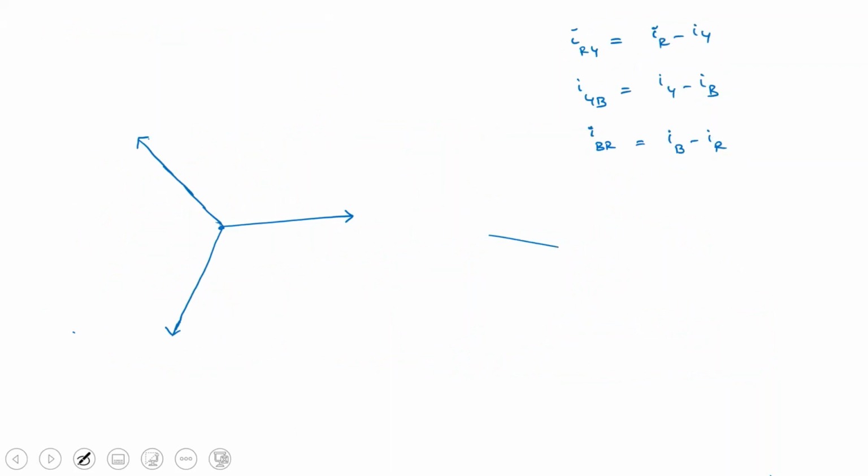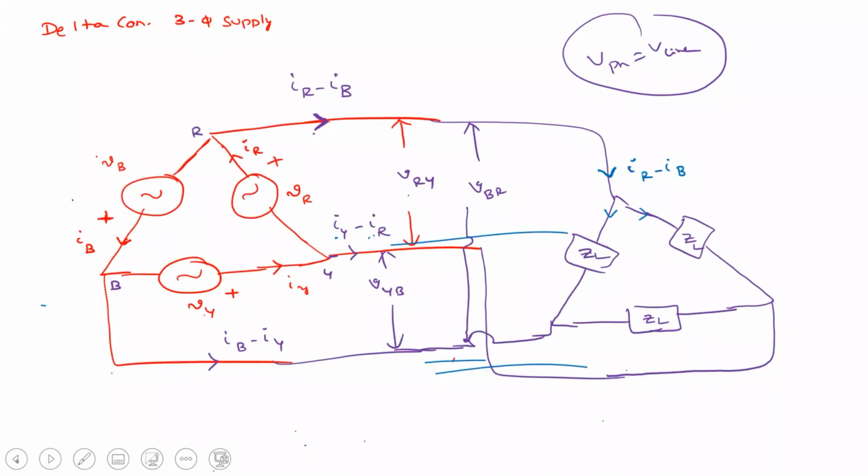So don't be confused here. You may doubt why it is IR minus IY. It depends on the direction you consider. If you assume this is plus here and this is plus here, then this is IY and this will be IB.